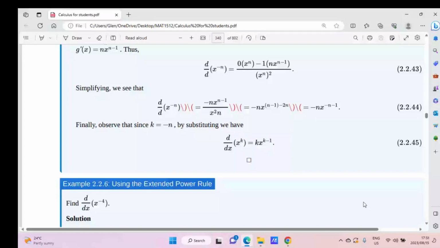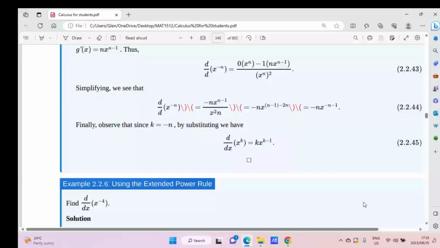Now let me go in this order. Princess, what did you get? I got negative 4 all over x to the power of 5. Ndomiso? Same as Princess, negative 4 all over x raised to the power 5. Theo?